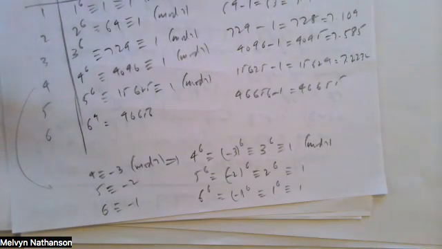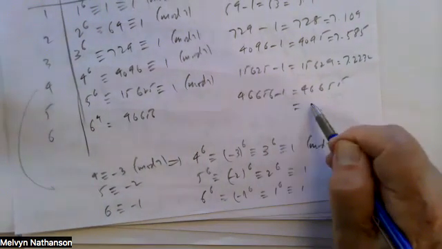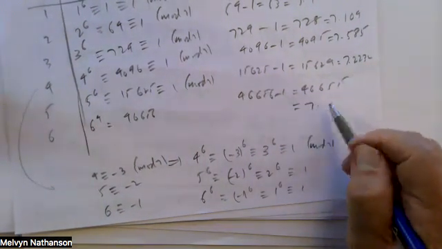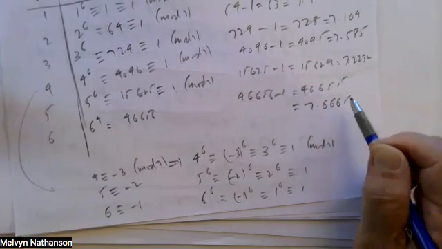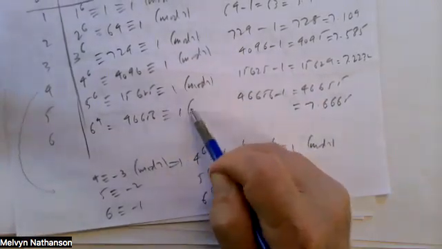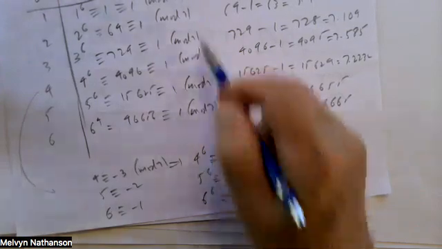If I divide that by 7, that goes evenly. It's exactly 7 times 6,665. So this is congruent to 1 mod 7.